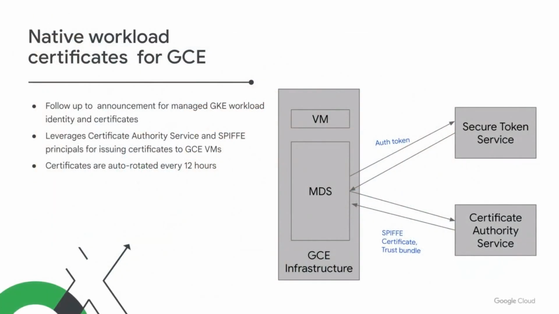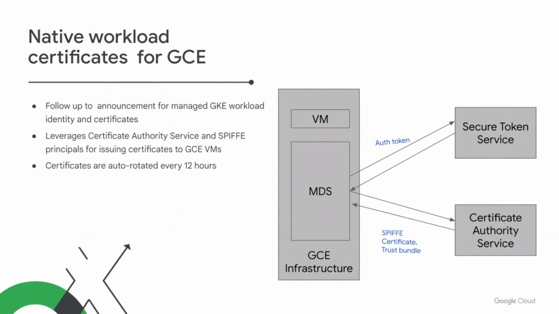Last year, we announced the availability of managed workload identity and certificates for GKE. Today, we're happy to announce the availability of private preview for a similar thing for GCE. The idea is that every GCE VM would natively have a SPIFFE digital certificate that can be used to communicate with other VMs.